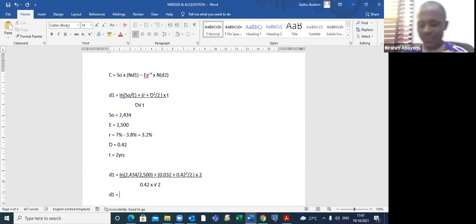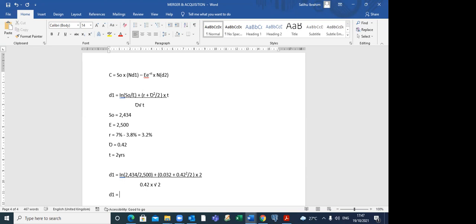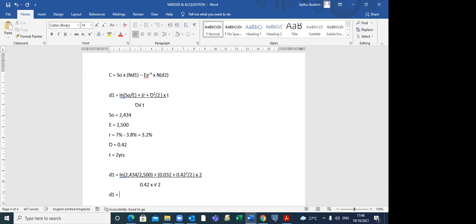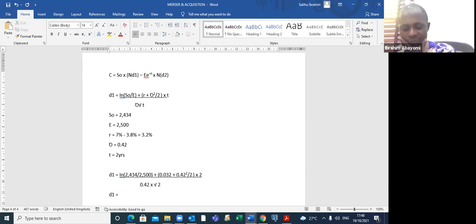On your calculator, you see where they write ln. Press that ln, then open brackets. Look at your calculator, you see it in one of the buttons to the top right.